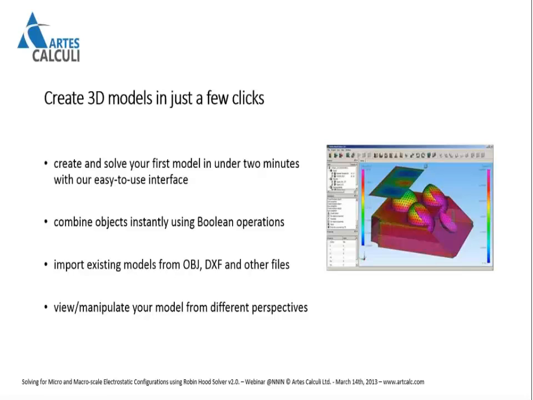You do not need to spend hours or days recreating them in Robin Hood Solver from scratch, although it would be possible. It's not shown here, but it is possible to view and manipulate your model from different perspectives in Robin Hood Solver. You simply drag the screen with your mouse to see the object from different angles, and you can also have a top view or side view.